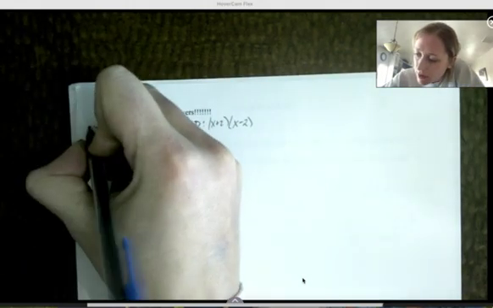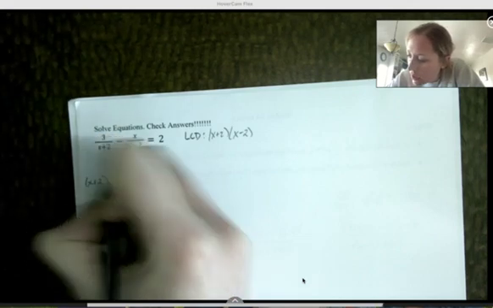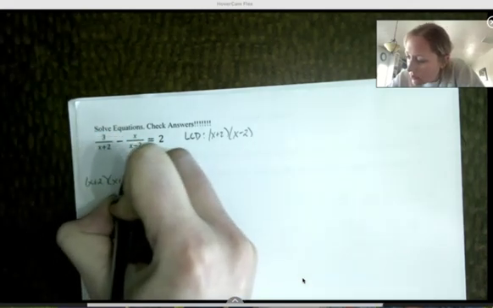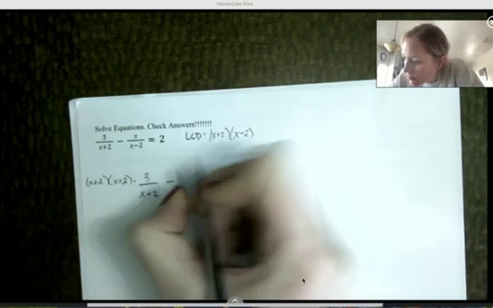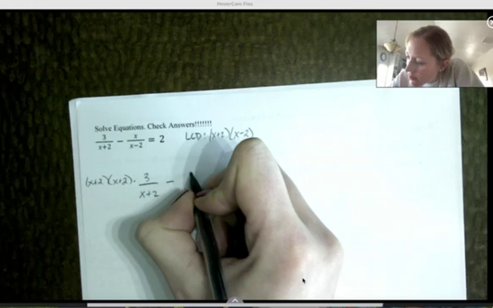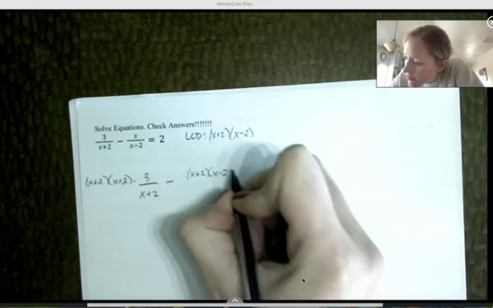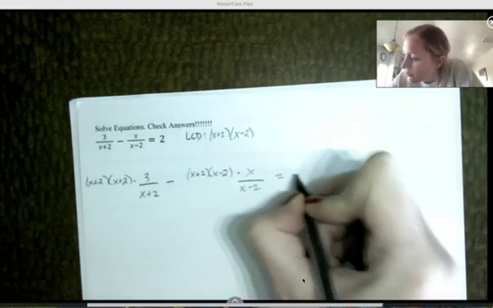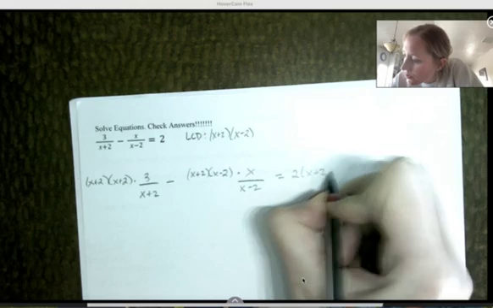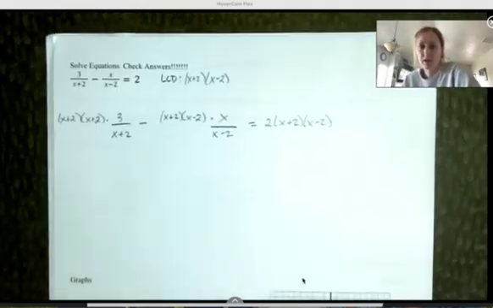So I'm going to write it out down here, you guys. x plus 2, x minus 2, and then equals 2 times x plus 2, x minus 2. Okay, so I just rewrote that multiplication down here.